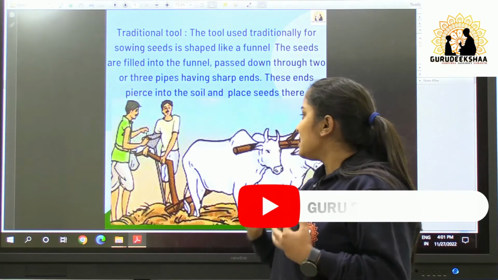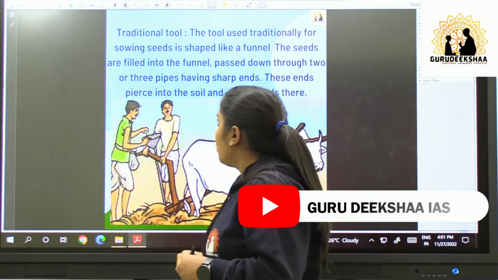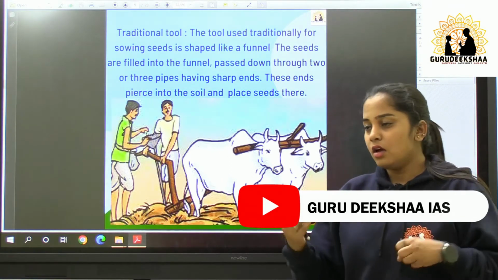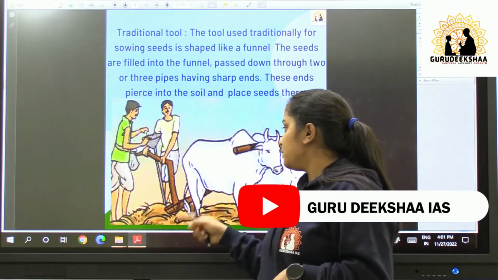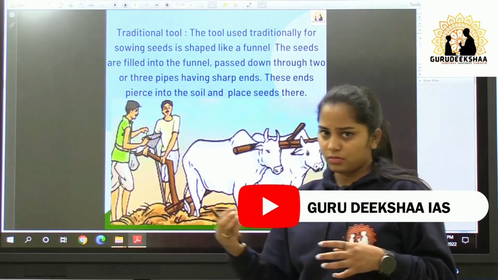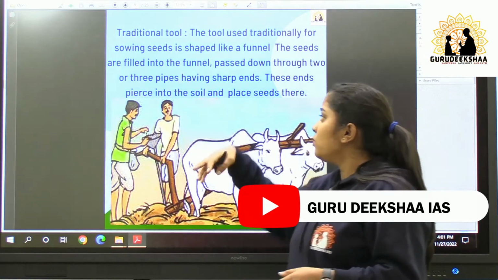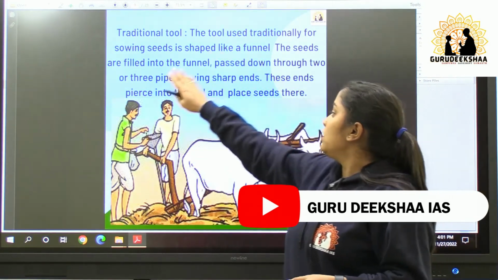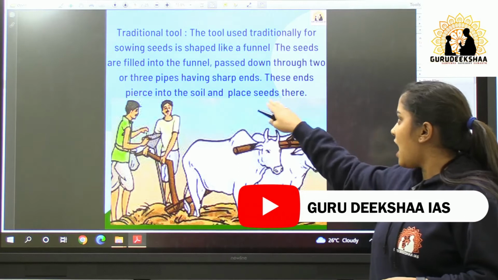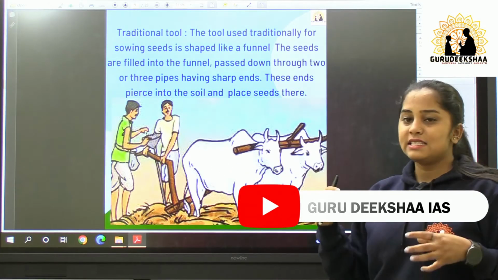So next, what is the traditional tool for sowing? The traditional tool for sowing seeds was used by this method. We know this was used for plowing the soil or loosening up the soil. Here a funnel was used, with two or three pipes having sharp ends, the ends piercing into the soil, to place the seeds there.